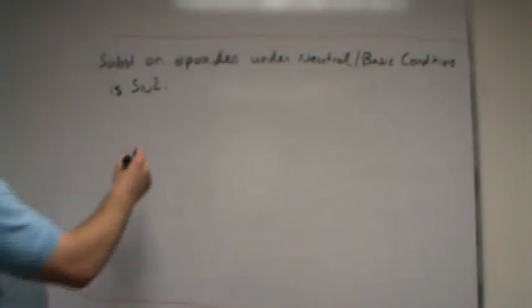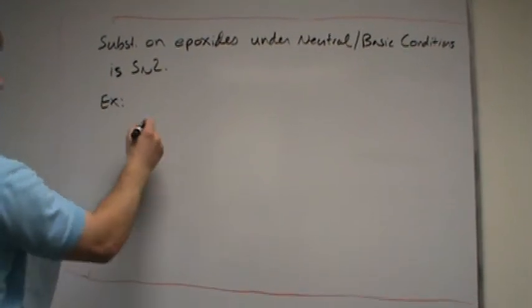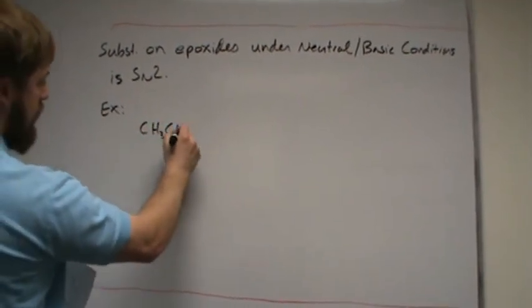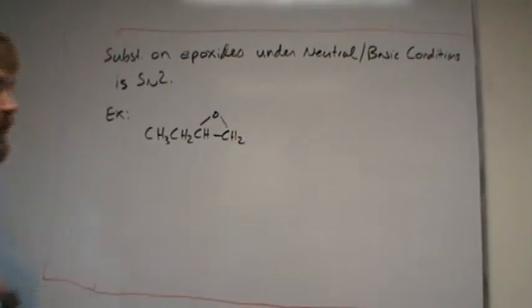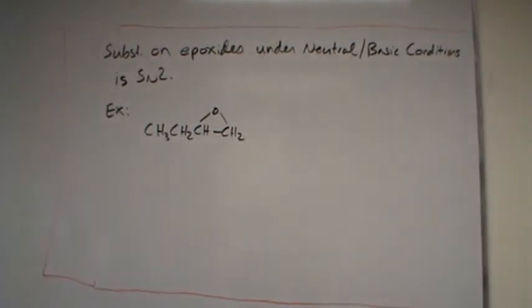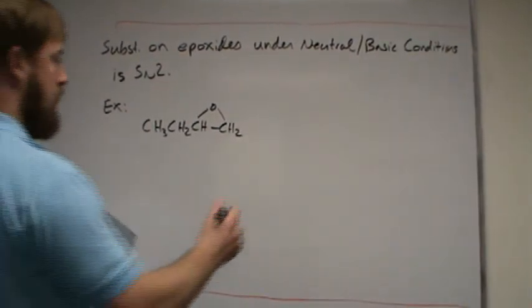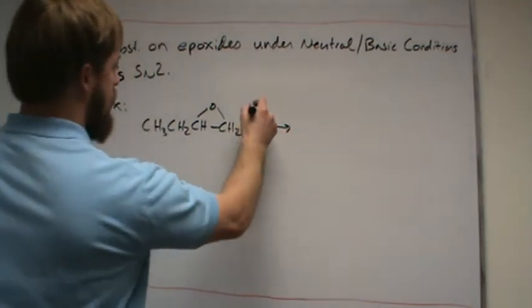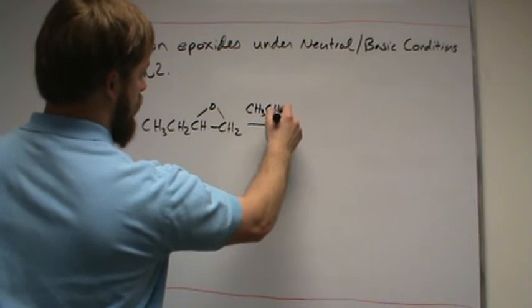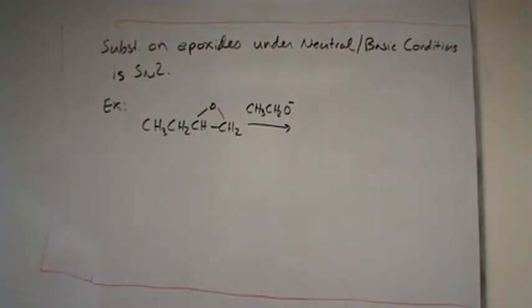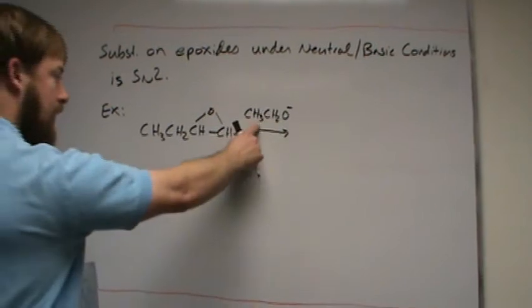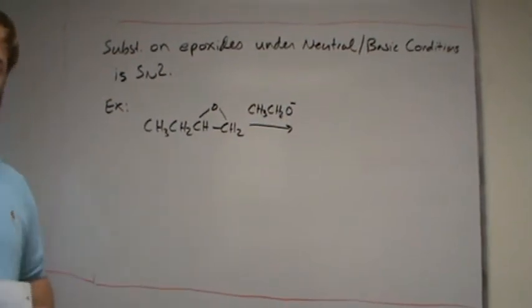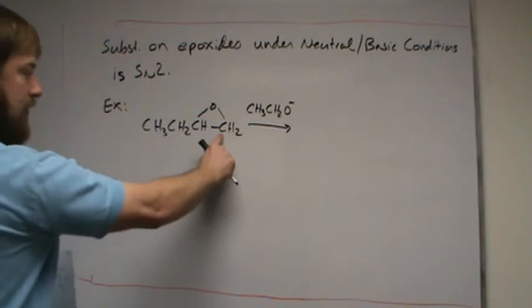For example, if I take the same epoxide as earlier, here, and instead of reacting it under acidic conditions, say HCl with ethanol, I chose to react it with ethoxide. Ethoxide. That's a strong nucleophile, right? Under neutral or basic conditions, SN2 reaction tells me the nucleophile will attack the carbon that's the least hindered, the carbon that's the easiest to get to, and in this case it's this carbon.